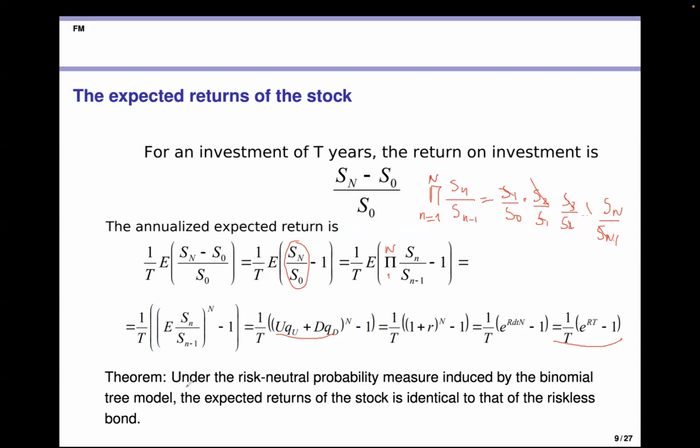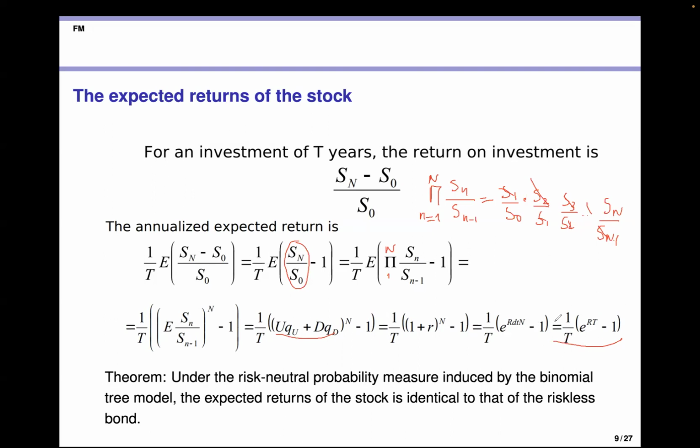The theorem: under the risk neutral probability measure induced by the binomial tree model, the expected return of the stock is identical to that of the riskless bond.